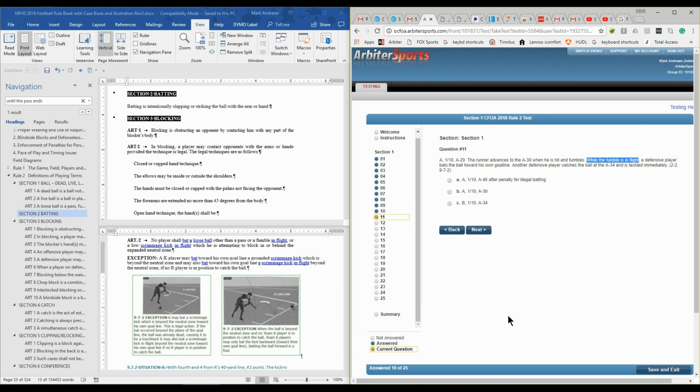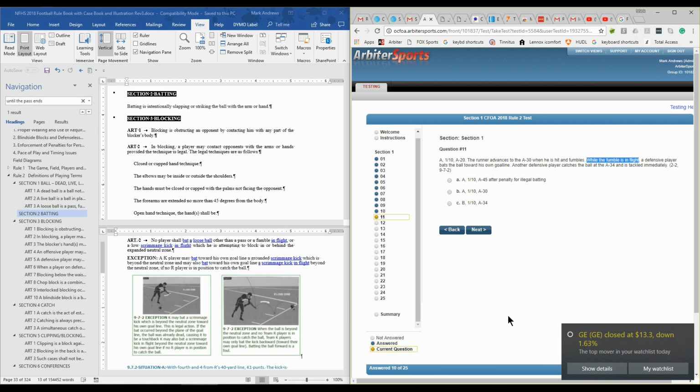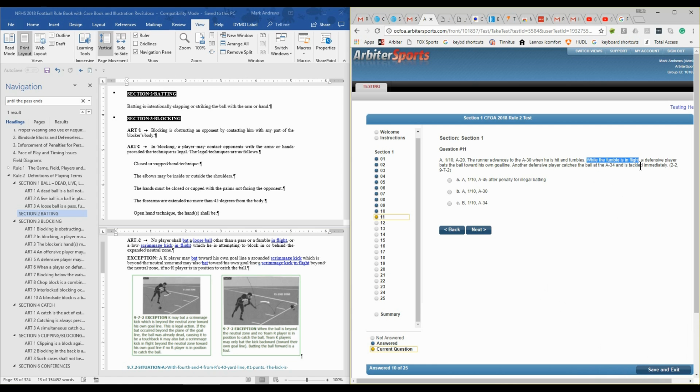In this case, it's a fumble, but it's still in the air. So this is a legal play. And so B recovered that bat and was tackled on the 34. So we should have C, B 1st and 10 at the A34.